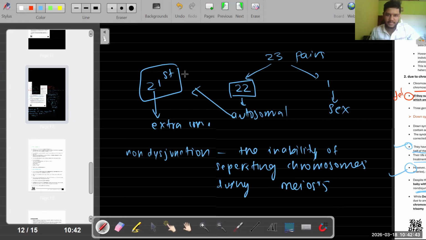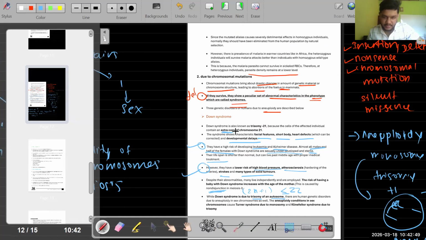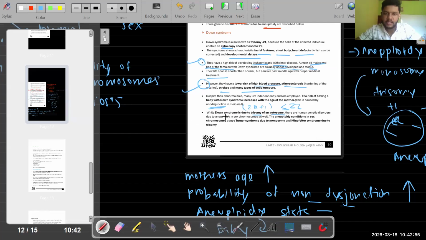Autosomal chromosome. And it is a trisomic condition. Correct, right? Why? The first statement itself says that it has an extra copy, which means it is a type of trisomic condition. So Down syndrome is due to trisomy of an autosome, right? An autosomal chromosome has an extra chromosome.